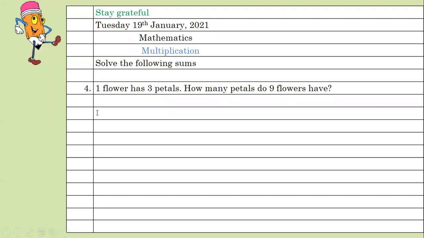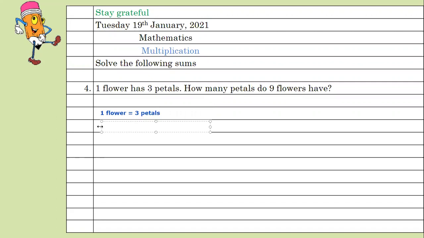We know that our first line has to be about 1, how much 1 has. And they told us right there that 1 flower equals 3 petals. And then our second line, they're asking how many petals will 9 flowers have.